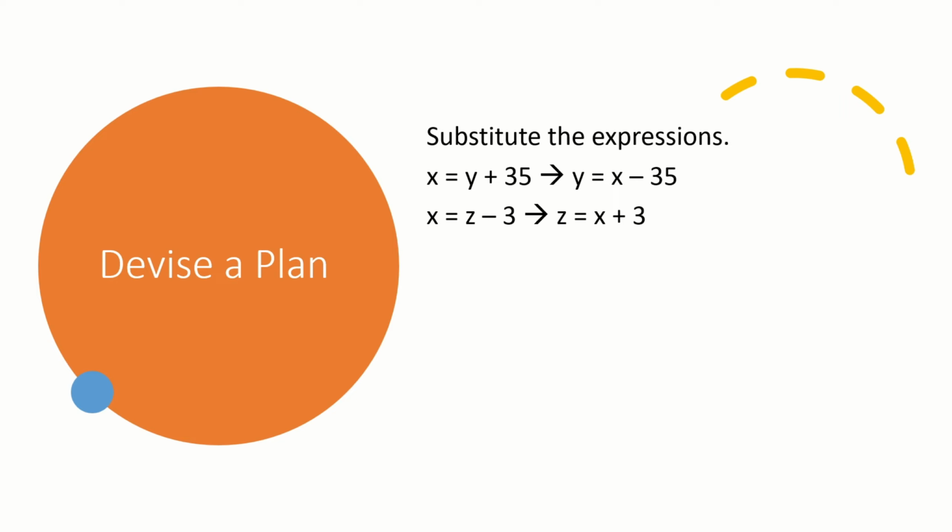So we can rewrite Lucy's age as y equals x minus 35. And then we also have x equals z minus 3. So Mark's age becomes z equals x plus 3. Now that everything is in terms of x, we can substitute this into the total age equation.